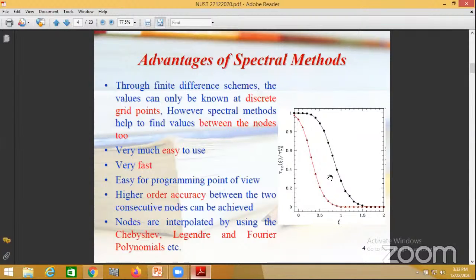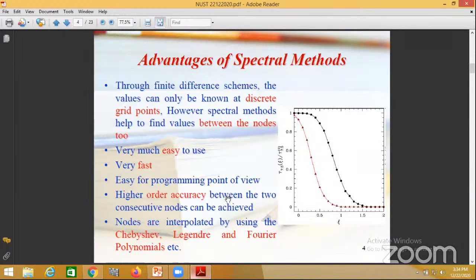In this situation, spectral methods have advantages. Through a finite difference scheme, the values can only be known at discrete grid points, that is, the solution is provided only at the grid points. However, spectral methods help to find the values between the nodes too. It provides, with greater accuracy, the solution between the two nodes. The second advantage is that it is very easy to use, very rapid, very fast, and easy from a programming point of view.